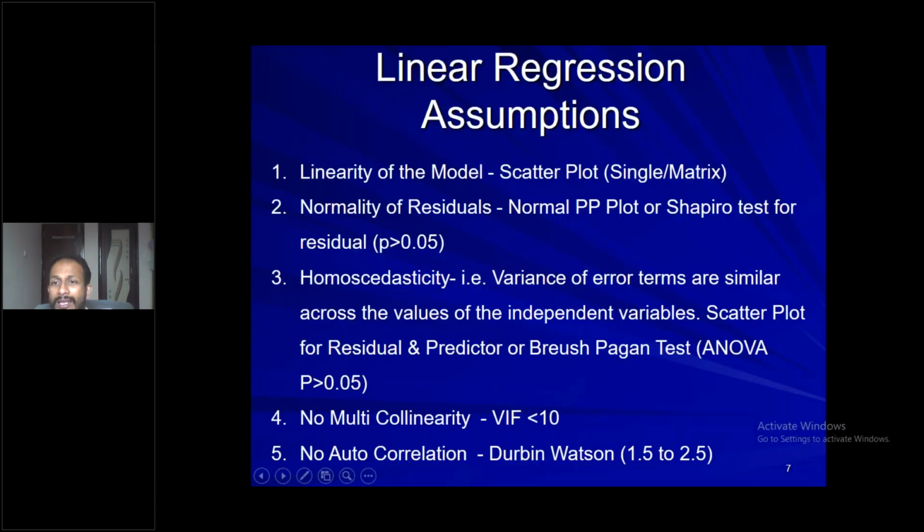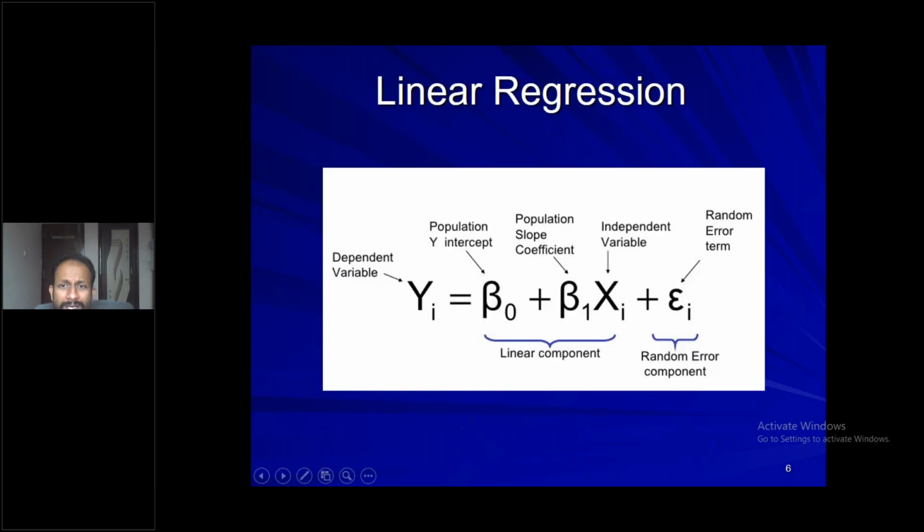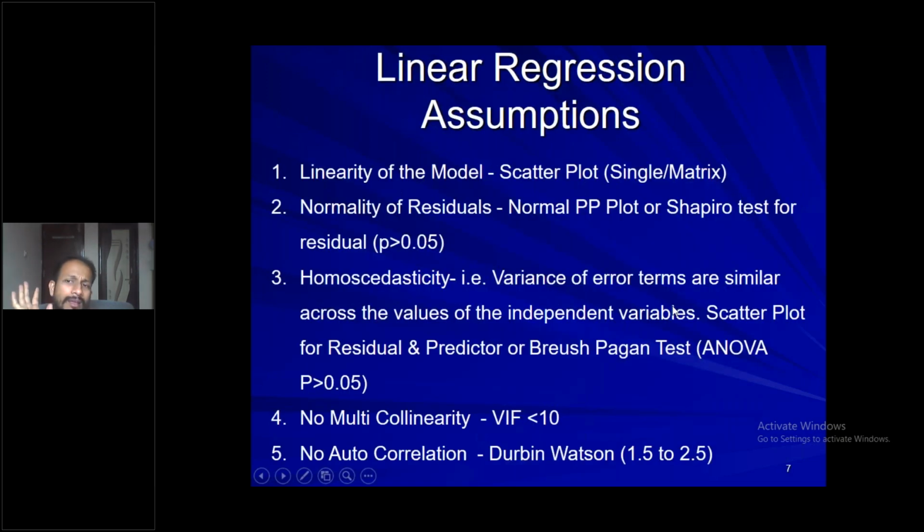Concept is more important. The second one is normality of the residuals. What do we mean by the term normality of the residuals? This error term should be normally distributed. This error term will be there for each and every value, and that error term should be normally distributed.